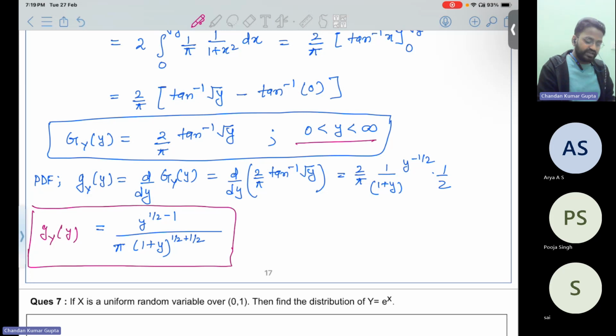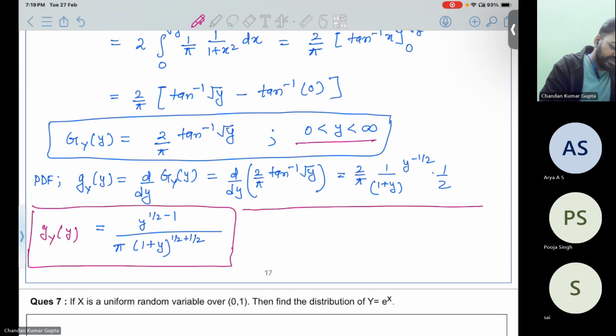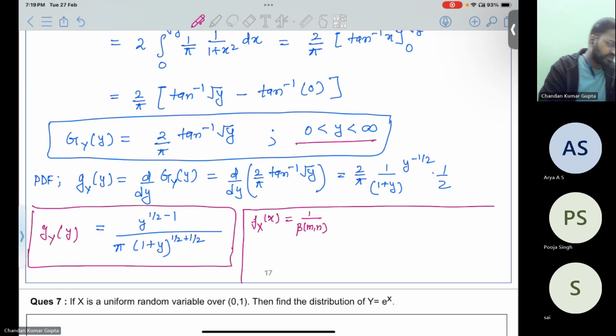Now it resembles a distribution, which is a beta distribution of the second kind actually. I can write here the beta distribution of the second kind, which is 1 upon beta(m, n), x to the power m minus 1, over 1 plus x to the power m plus n.